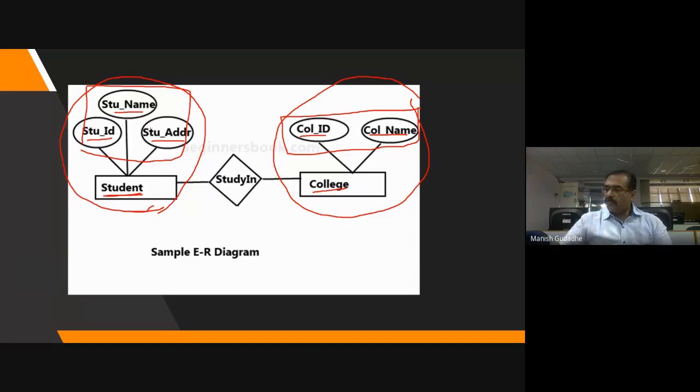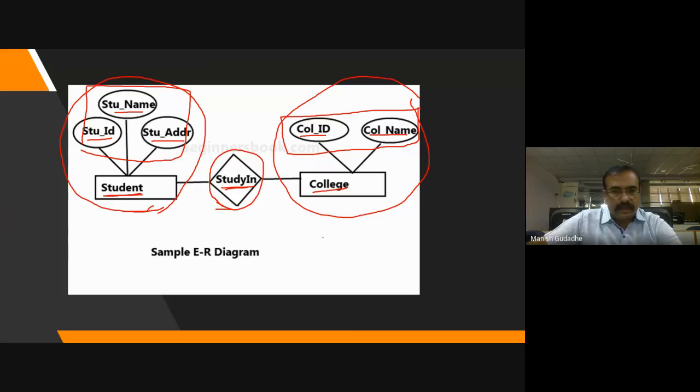So we are developing a relationship among these two entities, an association among these two entities. A student is related to a college, or a college is related to a student, through a relationship called study in. Are you understanding?